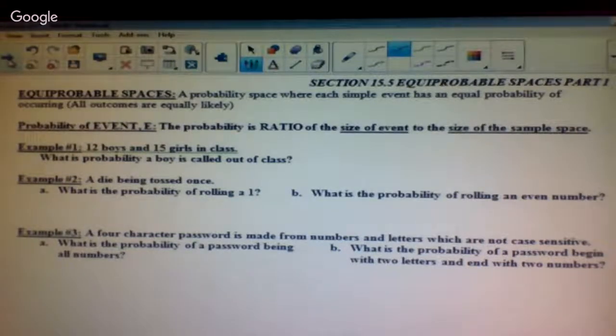Example number 1: 12 boys, 15 girls in a class. What's the probability that a boy will be called out of the class? 12 out of 27. I've got 12 boys in the class and a total of 27 students.